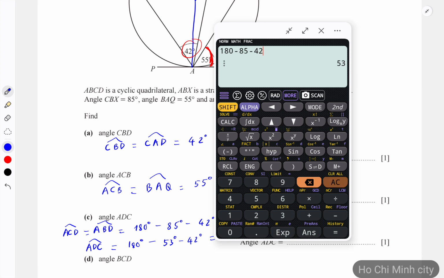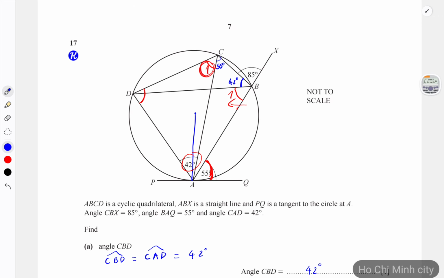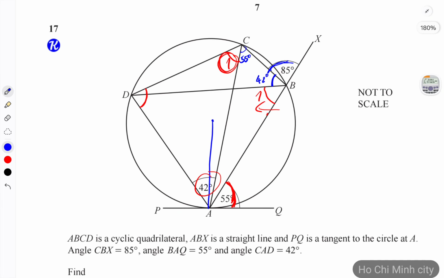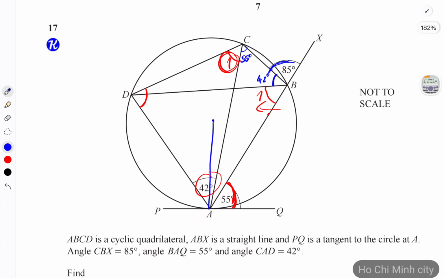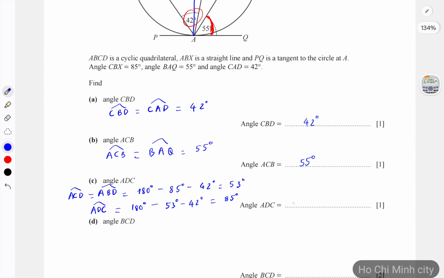And this is 85. All right, so the angle ADC is equivalent to this angle. We will write down here 85 degrees.